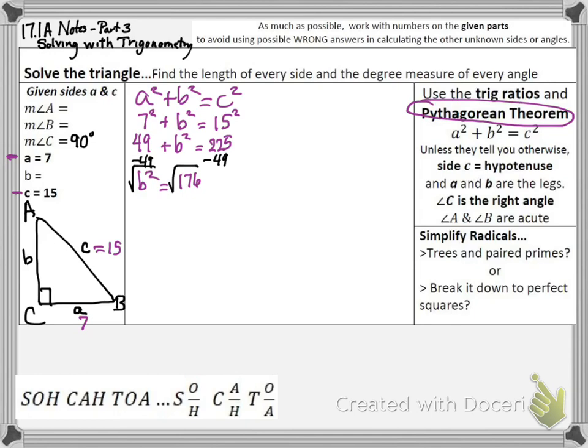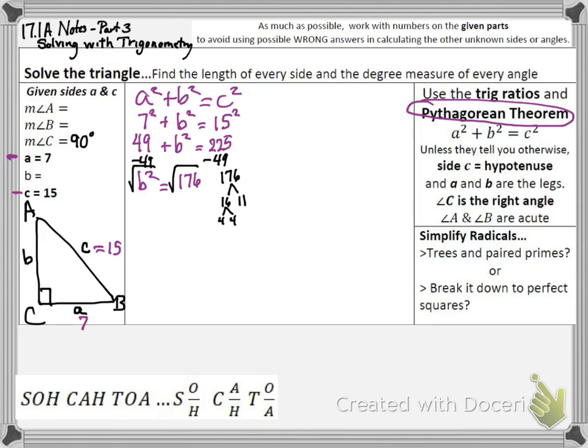If we wanted to split this up and get an exact answer, I would say 176 is divisible by 16 and 11. Yeah, I used a calculator. And then 16 splits up to 4 and 4. And usually we keep on continuing down until we get to primes before we start matching.